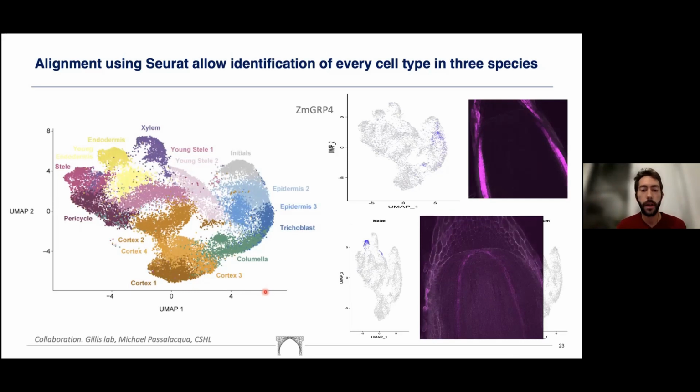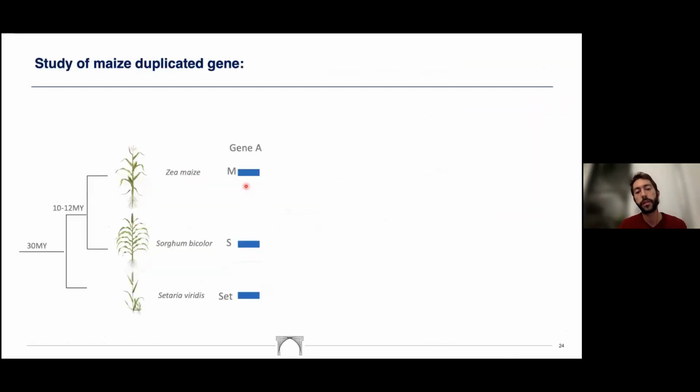Because the cool thing about that is that you can study how genes evolve and how the transcriptome evolves across species. And what's pretty cool is that upon the divergence between maize and sorghum, maize went into a whole genome duplication event. And so if you had a gene A in maize, it's been fully duplicated into two subgenomes, maize1 and maize2.